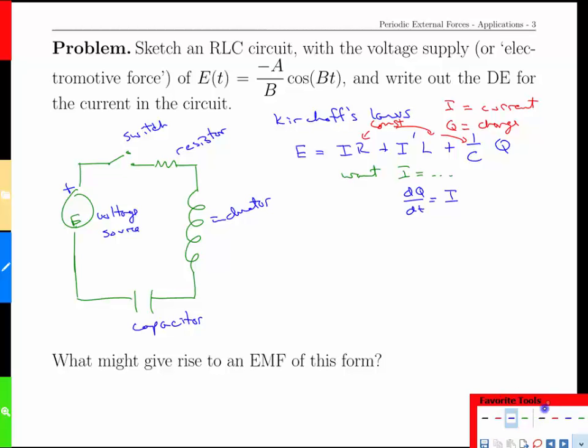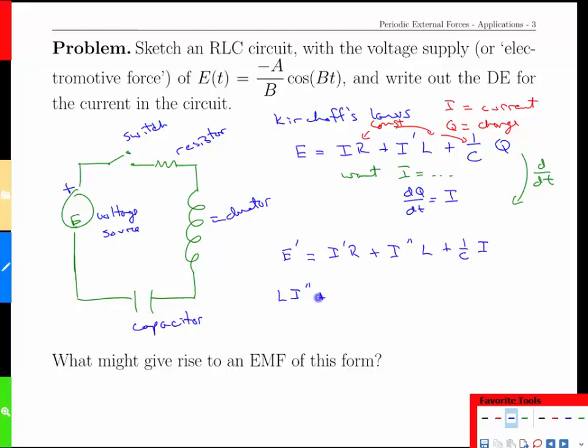So if we want to get something like we've seen before, we take a time derivative of this entire equation. That gives us E prime equals I prime R, just a constant times I, so we take the derivative, just the I part. We get an I double prime times L plus 1 over C times I, because the derivative of Q is I, and we can put that in standard form quite easily.